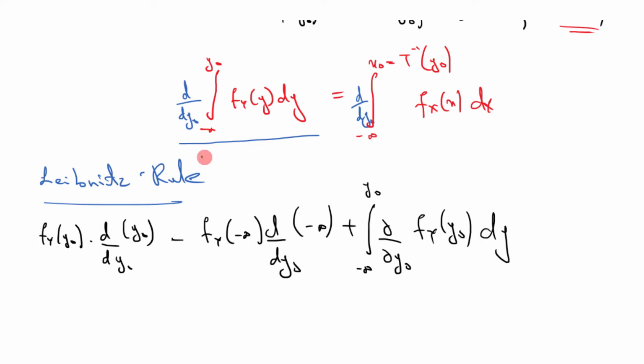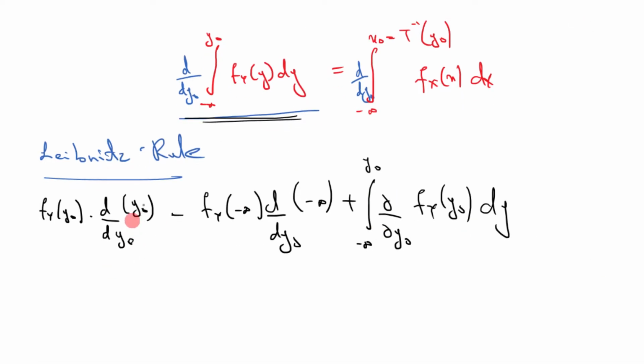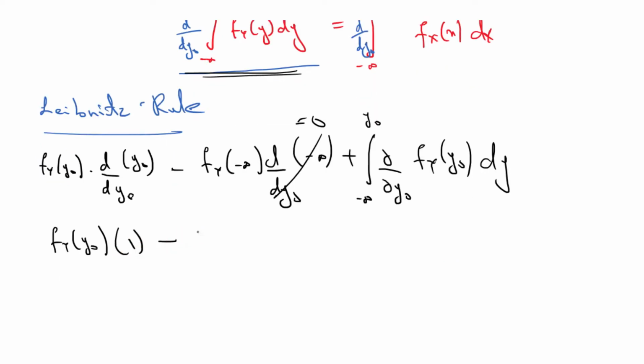This is the left hand side that I am solving first. The derivative of the upper limit will be 1, so we get f_Y of y naught into 1, minus 0 because the derivative of a constant is 0. The last term is 0 because this is a function of y, and you are differentiating with respect to y naught.